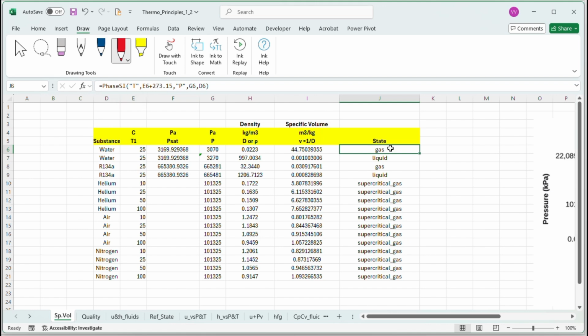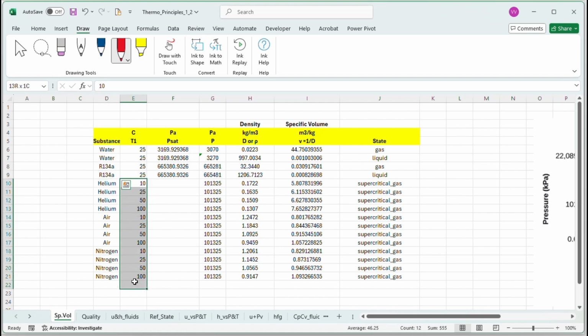Okay, it clearly says this is gas under this particular temperature and this particular pressure, and it's a liquid under these two conditions. Now I've done that for R134A, so you can see the density and the specific volume of both liquid and gas of this R134A.